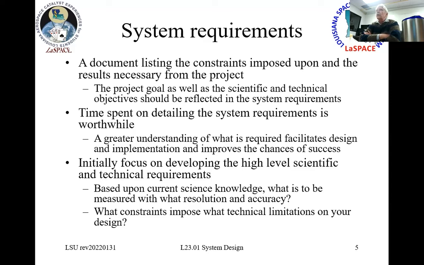Until you get those three components identified and properly specified on paper, it's almost impossible to go forward successfully with a project. So you need to spend the time right in the front getting those system requirements identified.